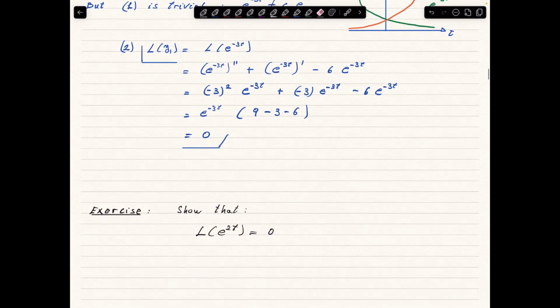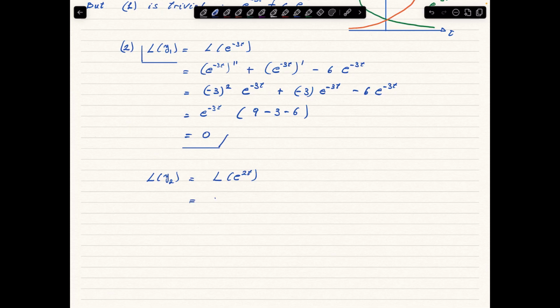Well, actually, let's do it. Instead of leaving it as an exercise, let's do it. We are doing a long video, but it's going to be worth it. So what is L acting on y2 now? The same thing that we did before, exponential 2t. L acting on that is exponential 2t double prime, plus exponential 2t prime, minus 6 exponential 2t.